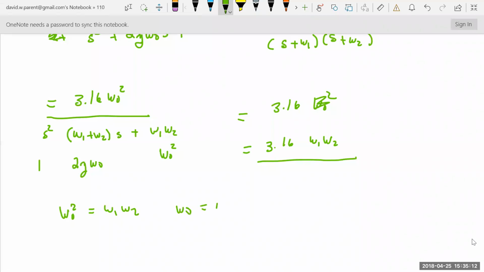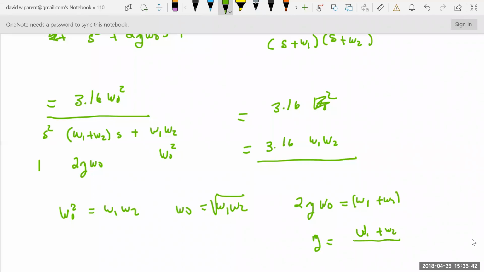Omega naught equals the square root of omega 1, omega 2. All righty. 2 damping coefficient, omega naught equals omega 1 plus omega 2. All right. So then the damping coefficient is omega 1 plus omega 2, divided by 2 omega naught.